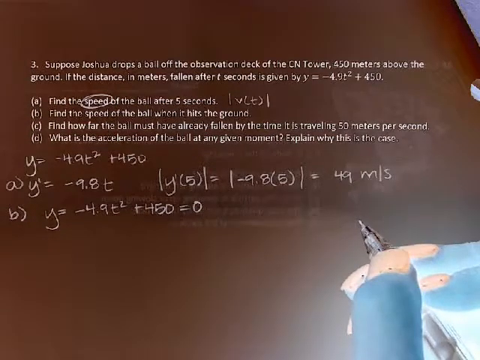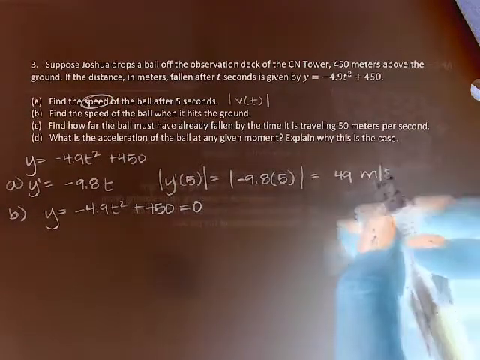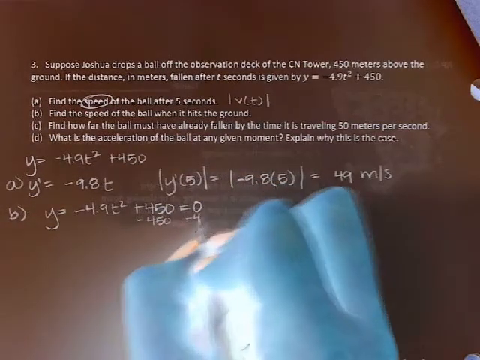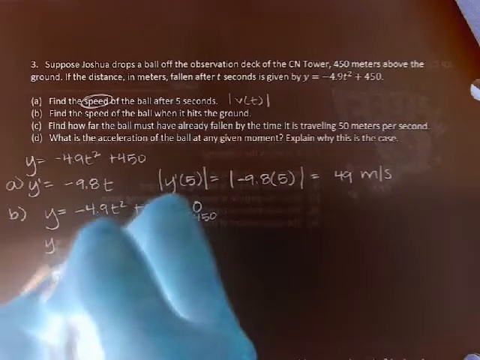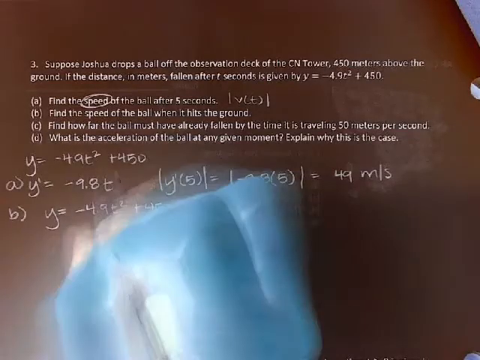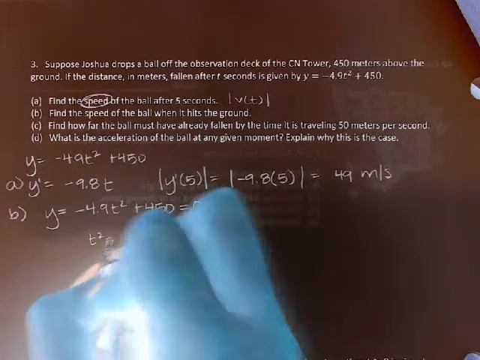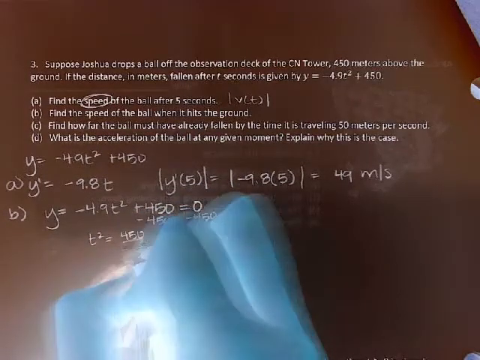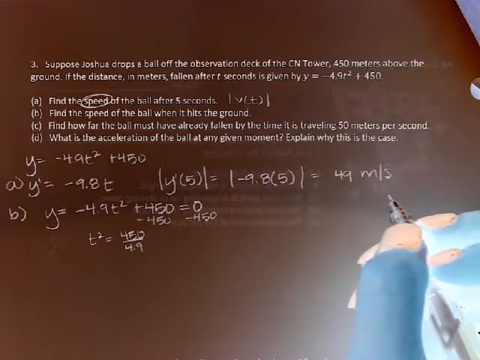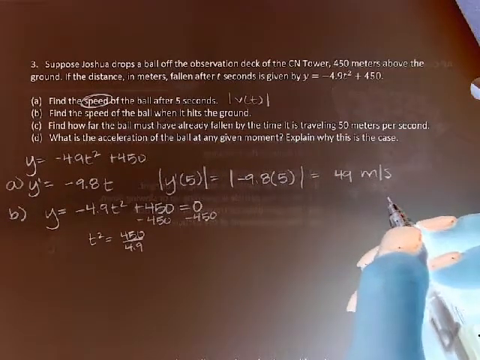So what do I need to do? Minus the 450. And then divide by the negative 4.9. So I'm going to get t squared is 450 divided by 4.9. It was negative over a negative, so I just got rid of my negatives.